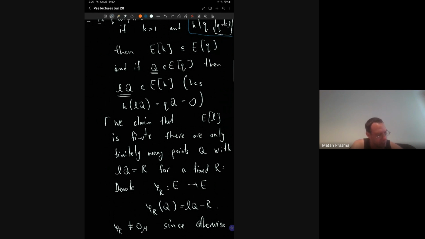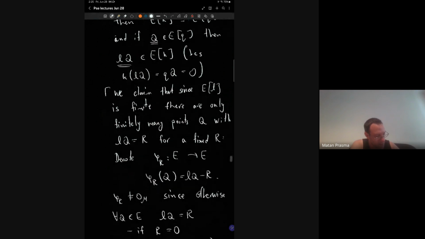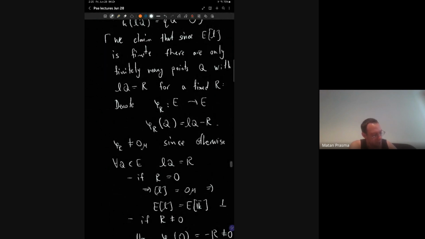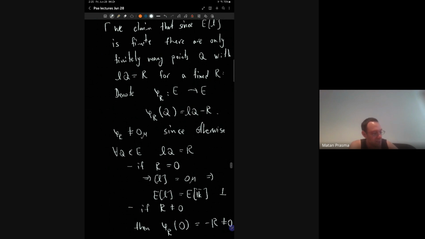Okay, so now I claim that since EL is finite, there could be only finitely many points Q such that LQ is equal to R. The reason is that if I fix R, the points Q such that LQ is equal to R are the poles of this function.